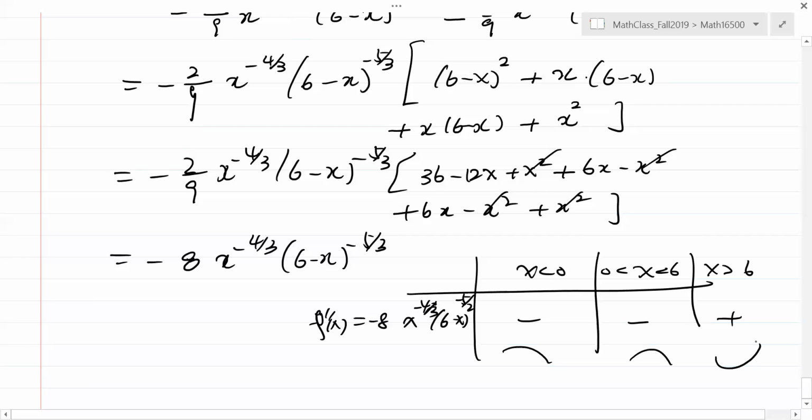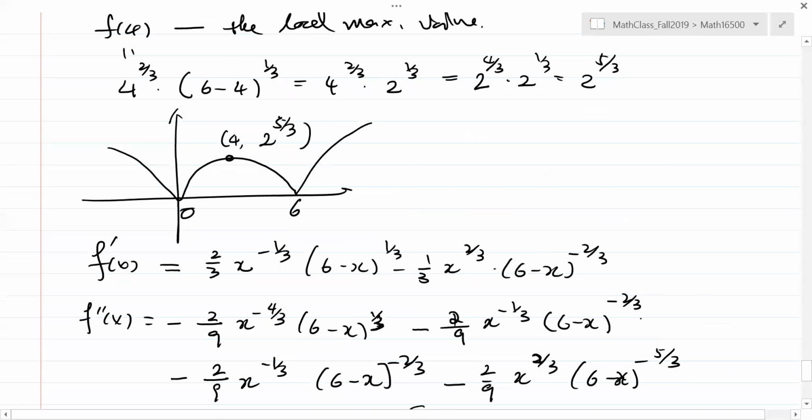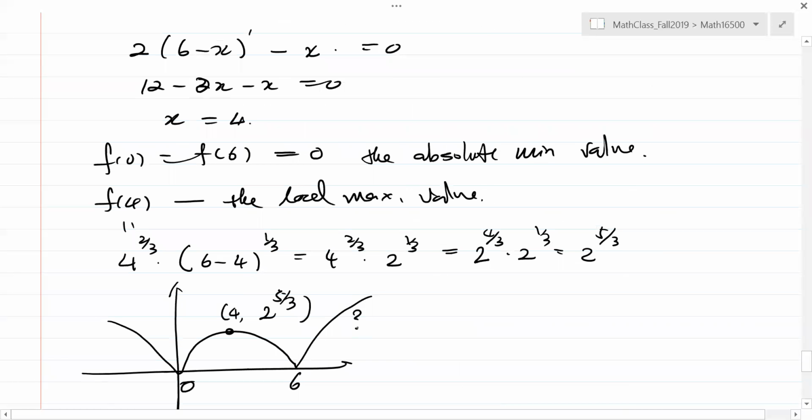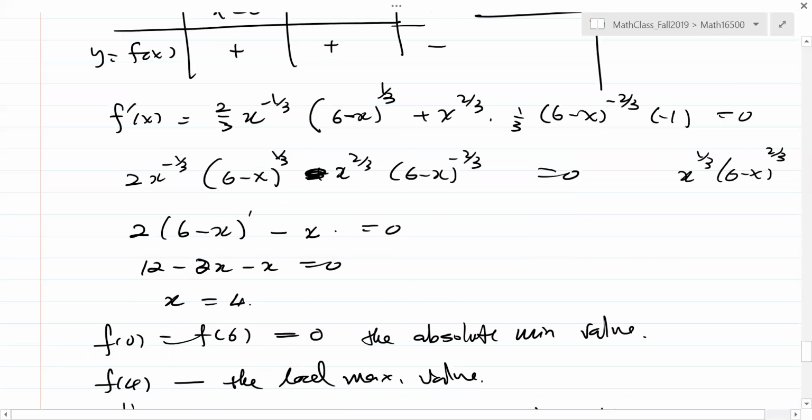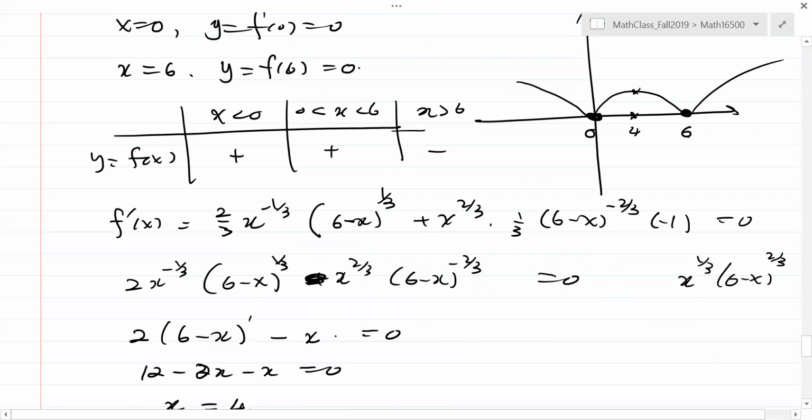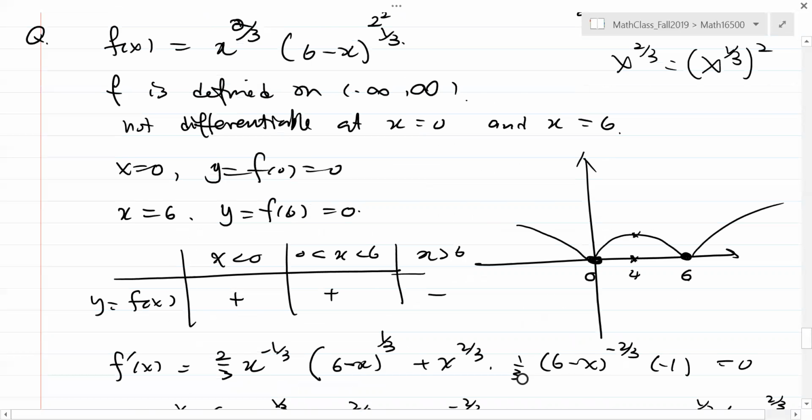So something's wrong with our picture, right? Let me go back to the picture. What I drew at the very beginning, I put a question mark there. Maybe we made a mistake at the very beginning. Oh, we said negative, right?